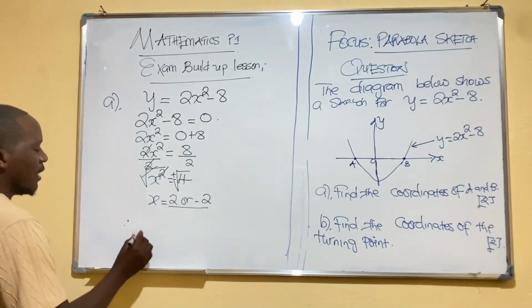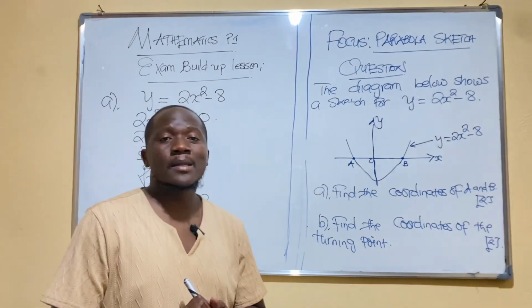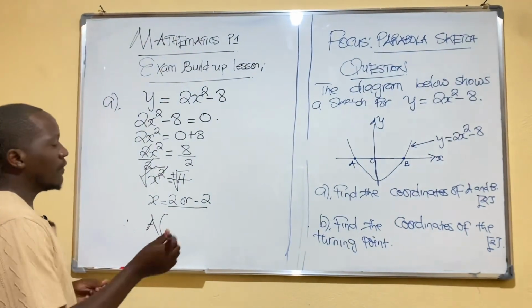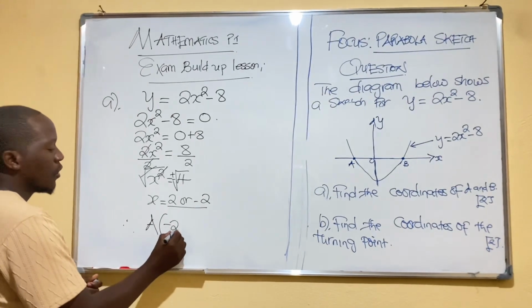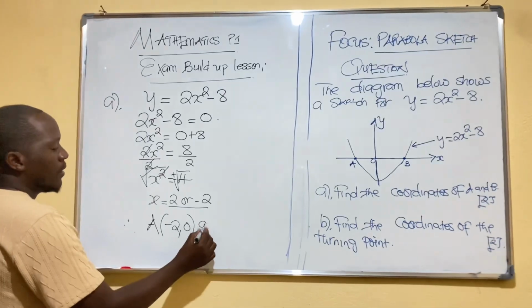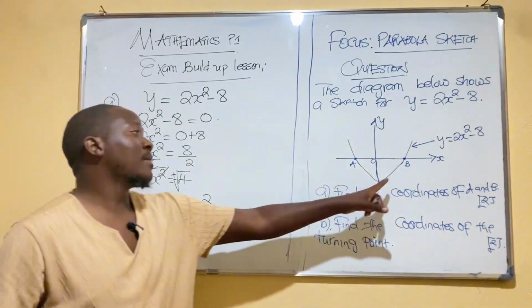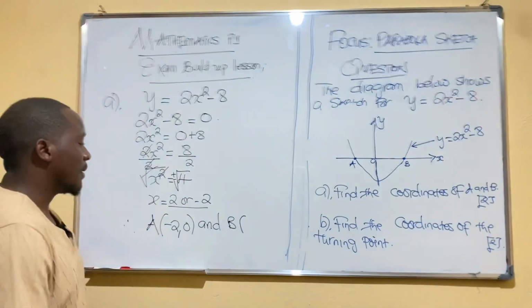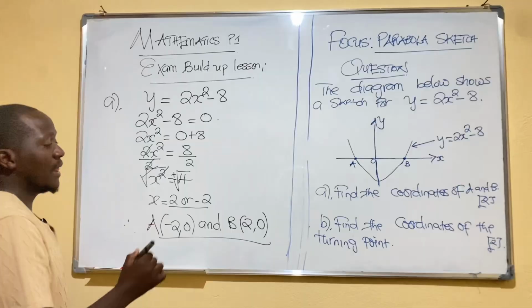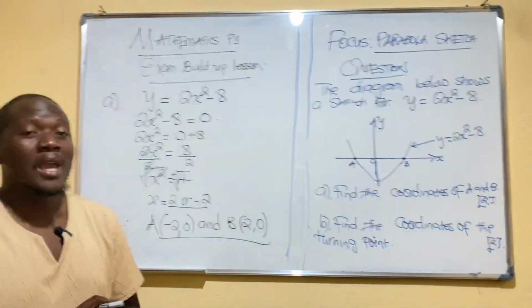So we're going to say therefore A equals, coordinates are given as x, y, so which means A, being on the negative side of x, will pick negative 2, remember we said y is 0, so negative 2, 0. And B is on the positive side of the x-axis, so which means it's going to be positive 2, 0. Having done that, it simply means we've answered the coordinates for A and B.